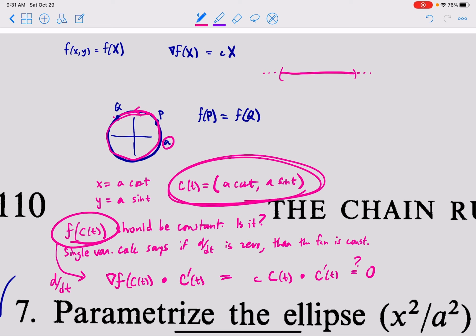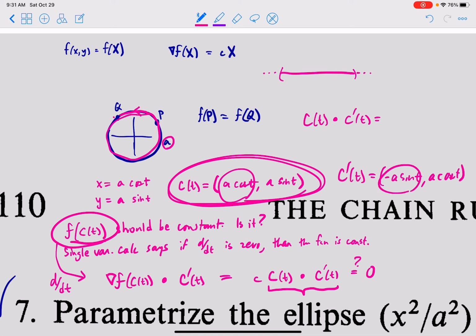What's c of t dot c prime of t? So first let's calculate c prime of t. Derivative of cosine is minus sine. Derivative of sine is cosine. So when I do the dot product, c of t dot c prime of t, I will get a times minus a cosine t sine t, that is minus a squared cos t sine t.